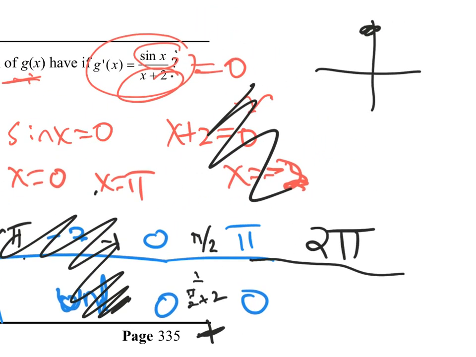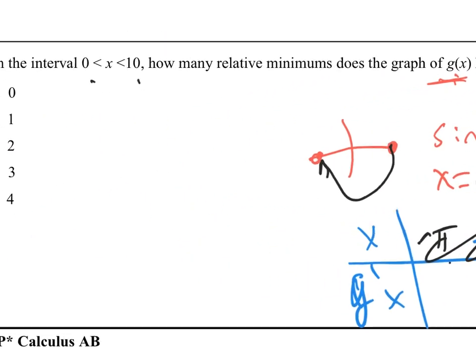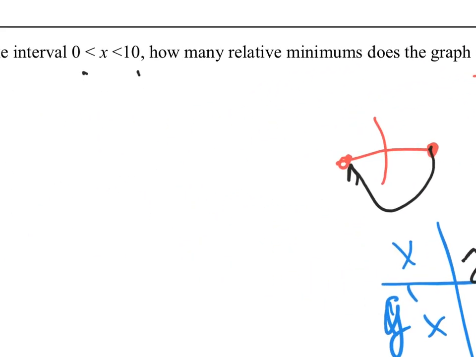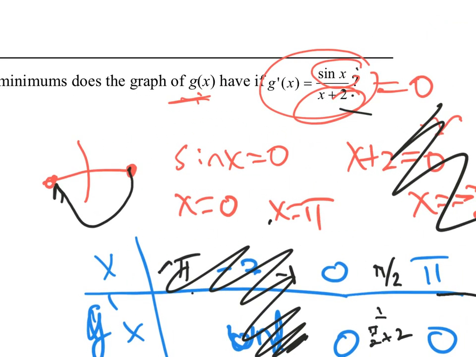Try 2 pi. Sine of 2 pi all the way around is 0. 0 over anything positive, still 0. Wait, 2 pi, he said go all the way to 10. I think it increases.